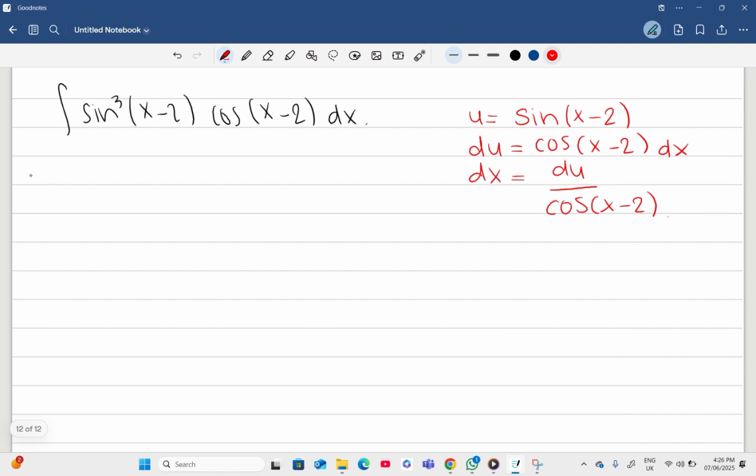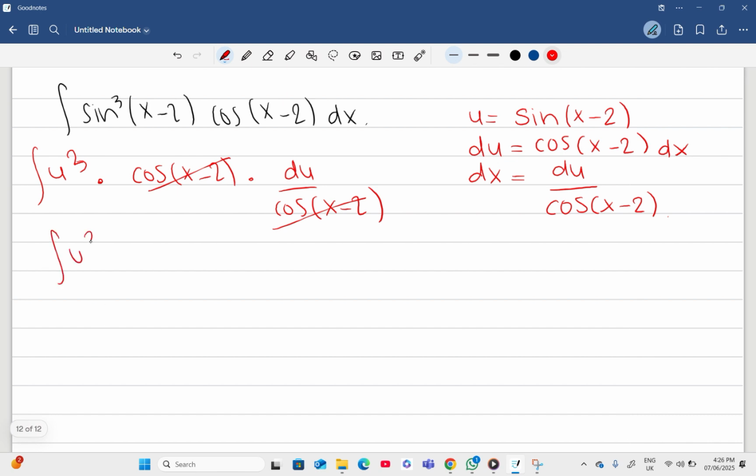Now let me substitute back into my equation. This is going to be u cubed multiplied by cosine x minus 2, and we have my dx, which is what, du over cosine x minus 2. So my cosine x minus 2 and cosine x minus 2, they're going to cancel. So I'm going to be left with the integral of u cubed du.